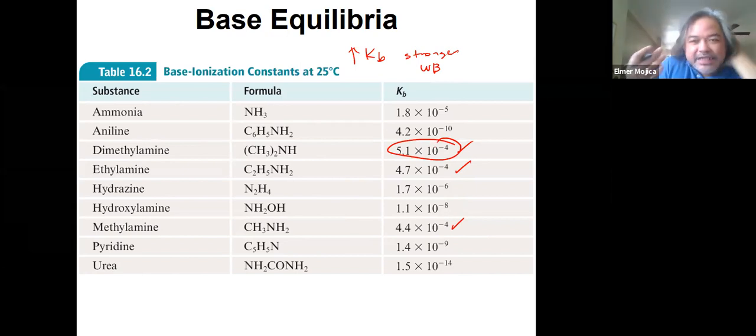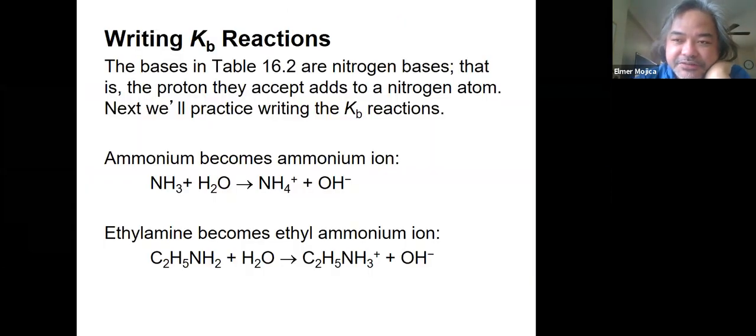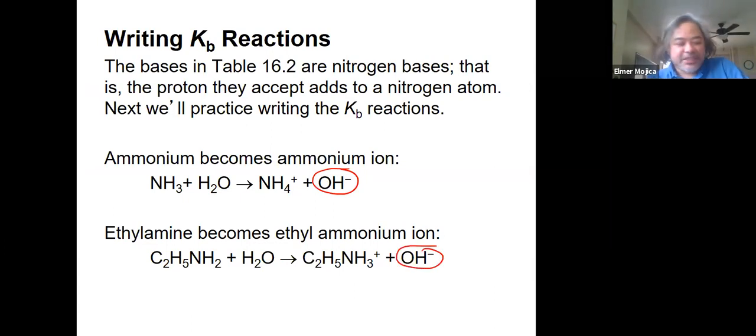And the way that you write the Kb reaction, as you look at it, is the water is the source of your hydrogen. So when you remove the hydrogen from the water, you produce a hydroxide. So one thing that you will know that you have a basic solution is because there's a production of what we call hydroxide.